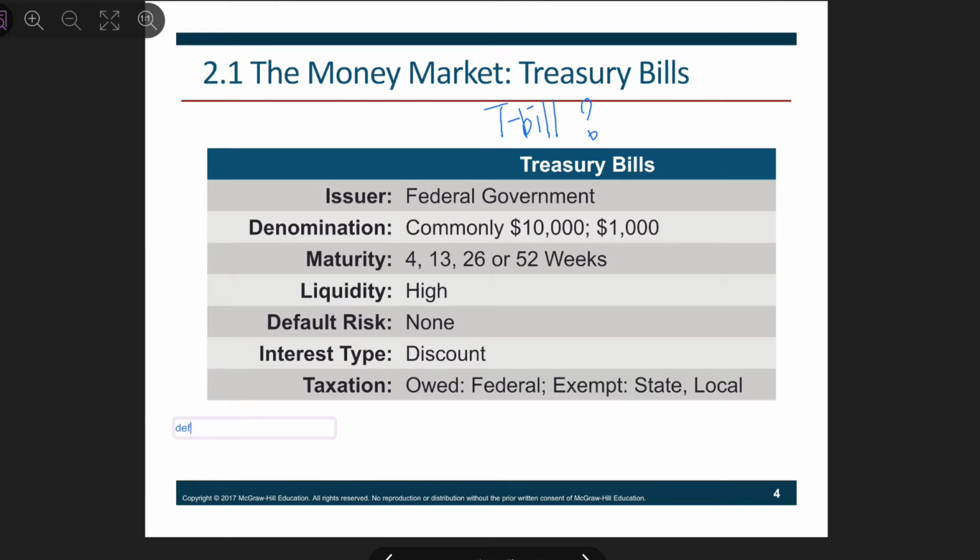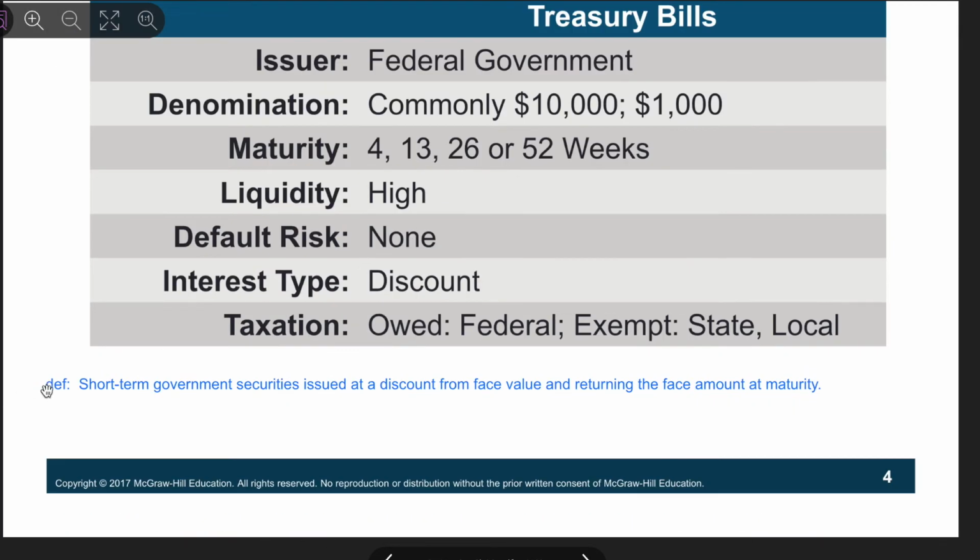The definition of the treasury bill is short-term government securities issued at a discount from face value and returning the face amount at maturity. I might not be able to make it larger. So the definition of the T-bill is a short-term government security issued at a discount from face value and returning the face amount at maturity.